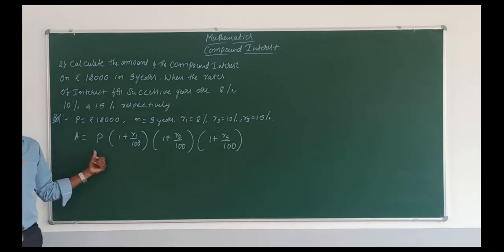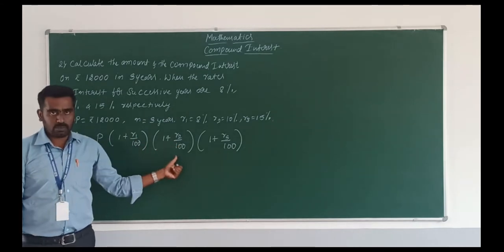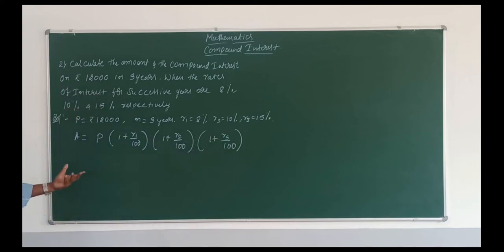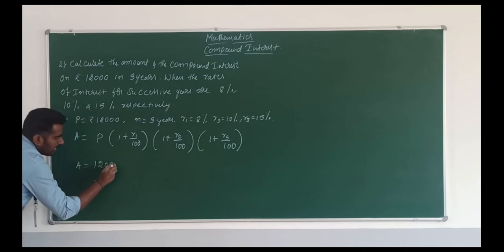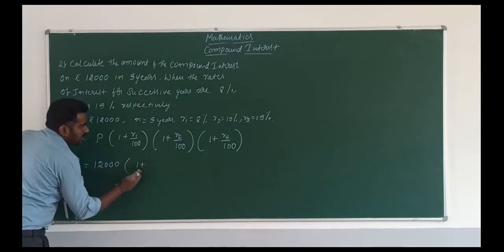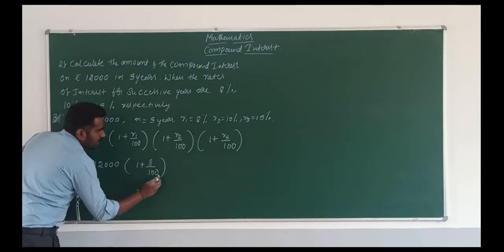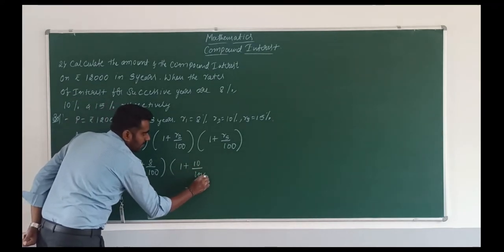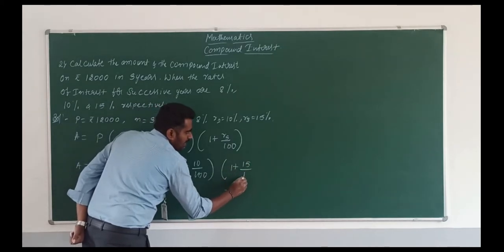A is equal to P into 1 plus R1 by 100 into 1 plus R2 by 100 into 1 plus R3 by 100. Now substitute the values. So amount is equal to, principal is 12,000, they have given. So 12,000 into 1 plus R1 is 8 by 100 into 1 plus 10 by 100 into 1 plus 15 by 100.